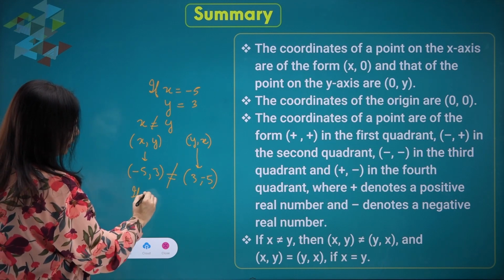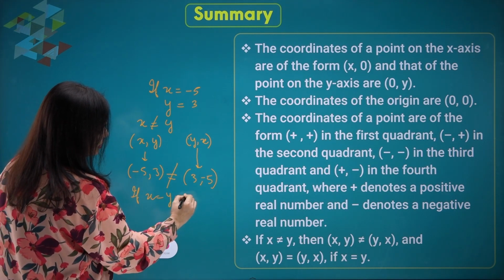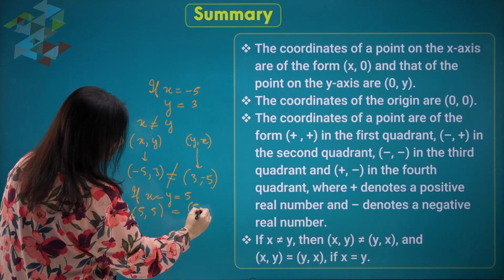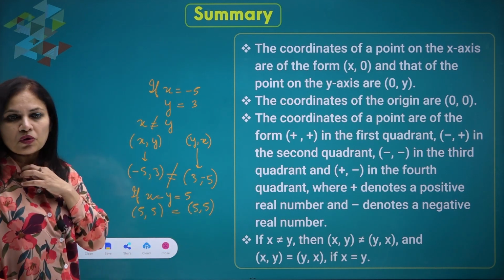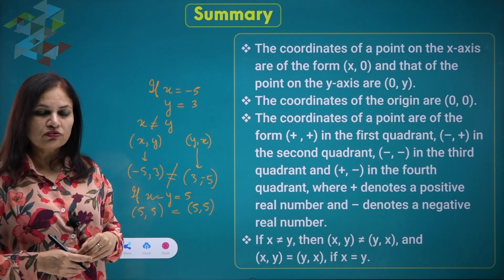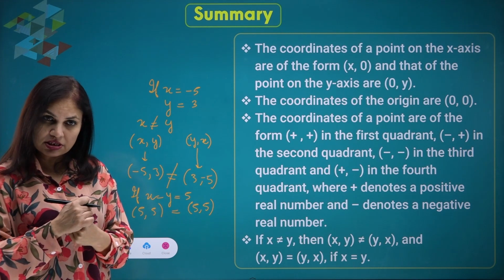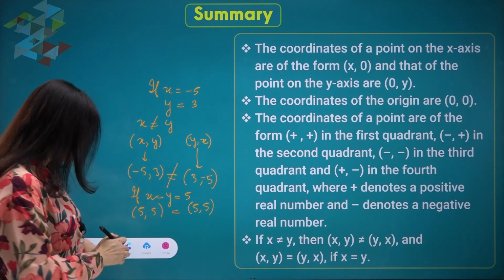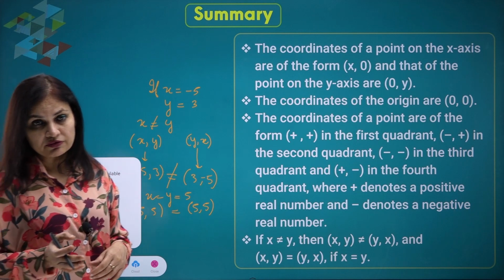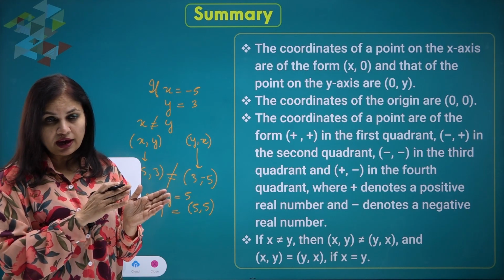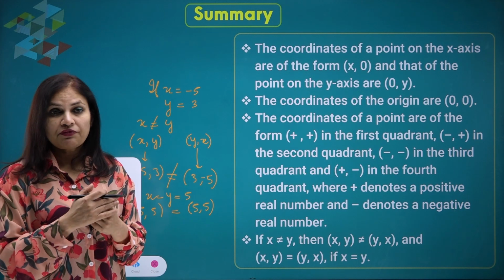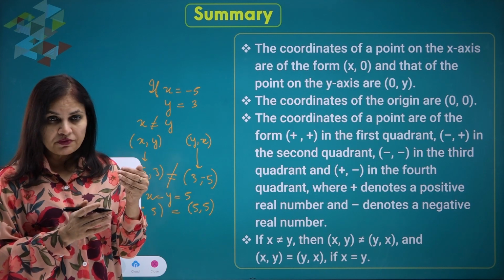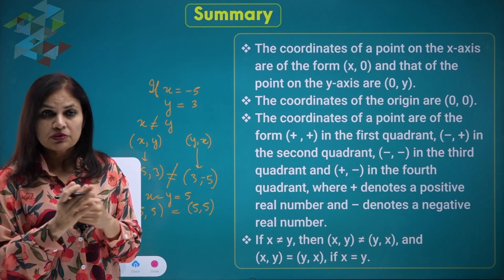But if x is equal to y is equal to 5, then 5 comma 5 is equal to 5 comma 5. So what do we infer from here? That if the horizontal and the vertical distance are the same, also in terms of sign, I cannot take one positive and one negative value. For example, if I say 5 comma minus 5, 5 is different from minus 5. If I take x to be 5 and y to be minus 5, I cannot say x and y are equal.